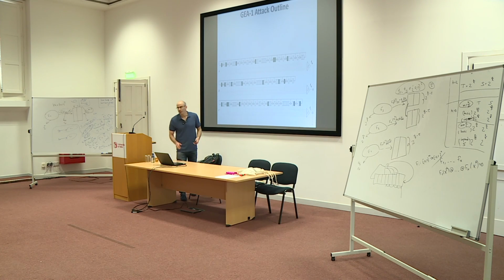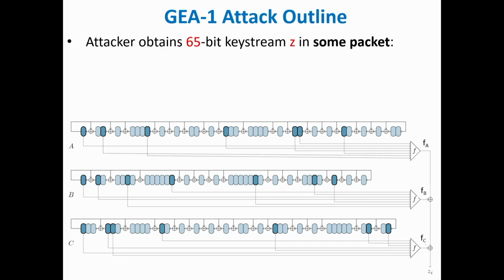So without even talking about the weakness and the backdoor that I specified previously, what's the strategy here to attack this cipher? The attacker is going to obtain 65 keystream bits, which we're going to denote Z, in some packet. How is it going to do it?